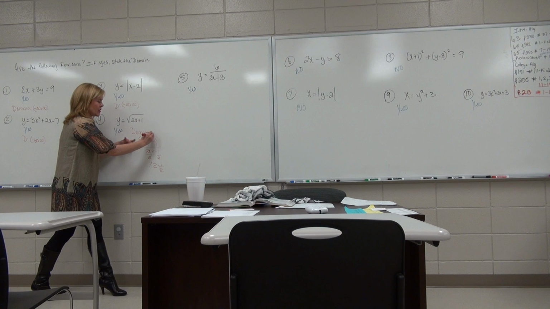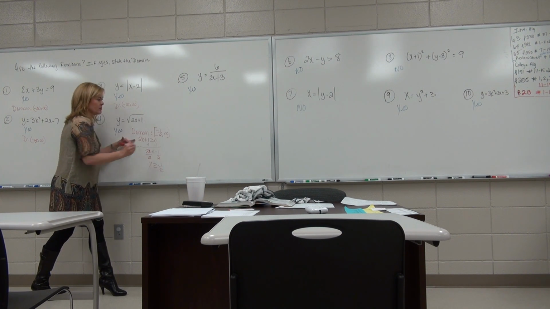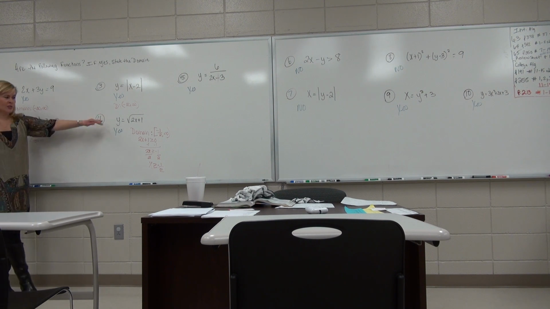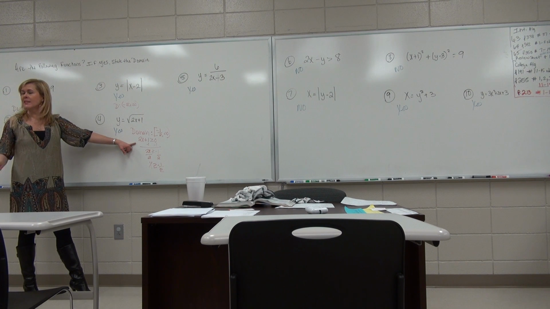My domain in interval notation would be a bracket, -1/2 to infinity. And once again, it's what would make that 0, because that's where we put that endpoint. So whatever's underneath, you set it greater than or equal to 0, then you solve for x. You get x by itself, just like you did on your last test.